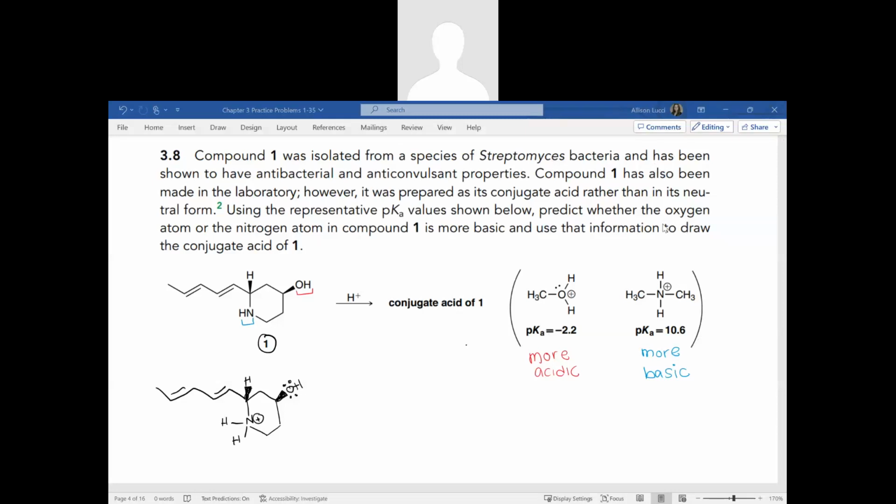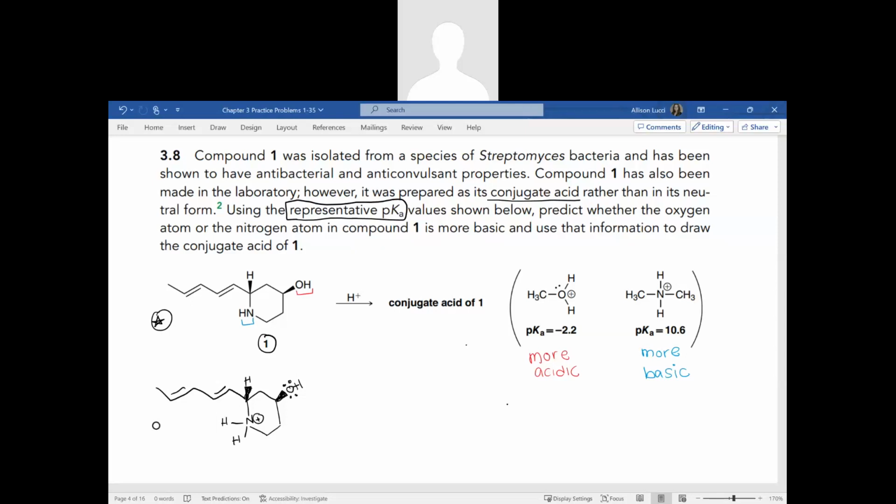And we're told here that it was prepared as its conjugate acid rather than its neutral form. So this shown down here would be its neutral form. And then we're asked to use these representative pKa values given down below, that we'll talk about in a second, to predict whether the oxygen or the nitrogen atom would be more basic, and then which would be protonated, right, to form the conjugate acid.